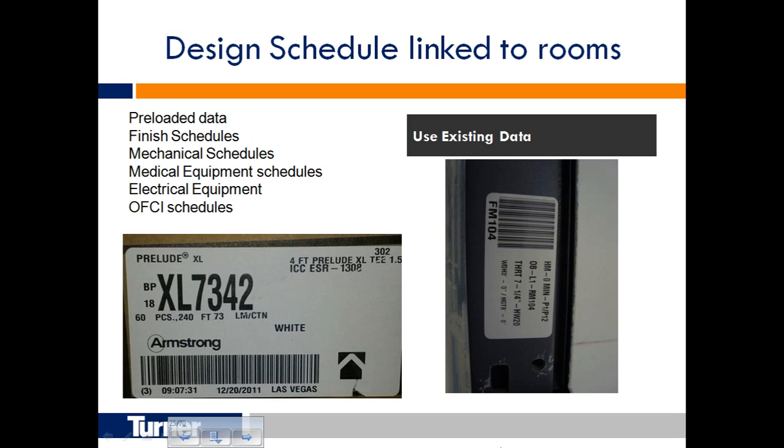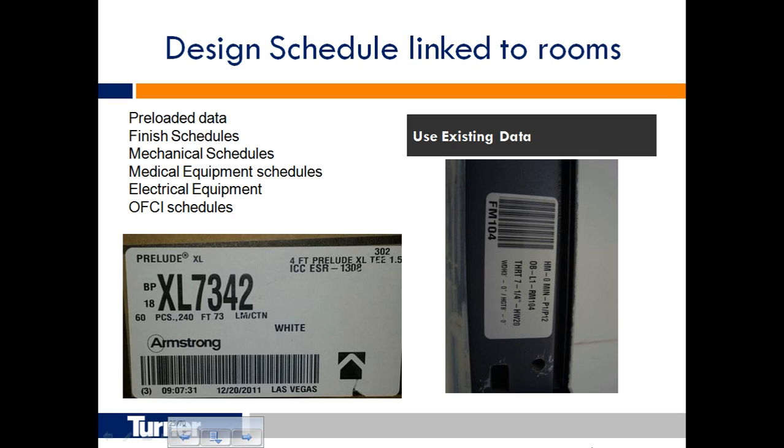You can see here on the right-hand side, we've got a door schedule on a door. It came out of the architectural schedule, and then this room number 104, and we're able to track the doors going in. The other thing, when you start to think from the design phase, is how many things are tracked back, or that thread of that room number goes through your finish schedules and your mechanical and your electrical schedules.